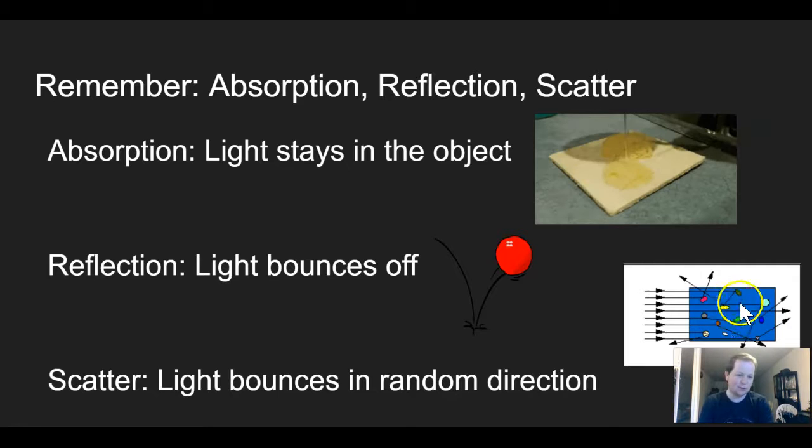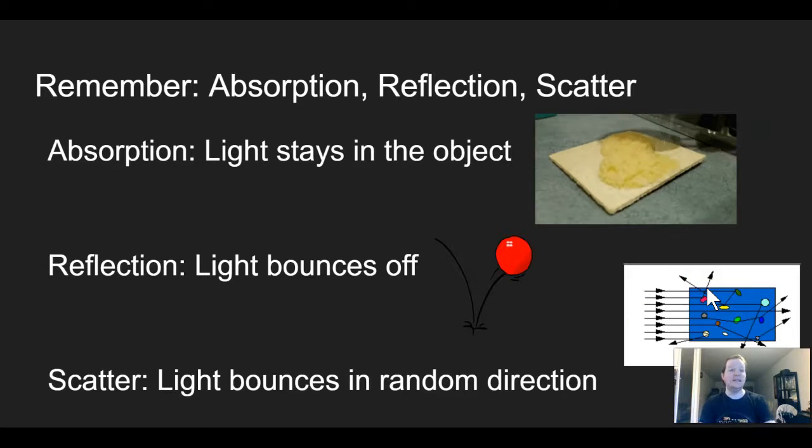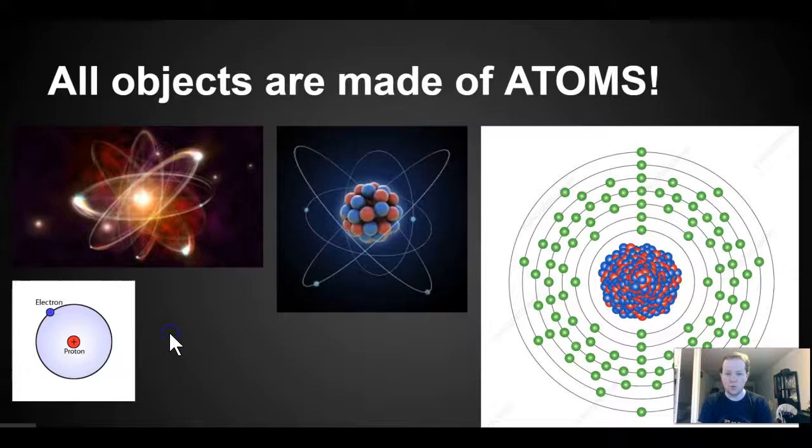Here are some examples of scattering. Here comes the light, and then bam, scatter. Bam, scatter. It does it in many different directions. Okay, that's important to remember, especially absorption and scatter for this week. Let's remember about atoms.